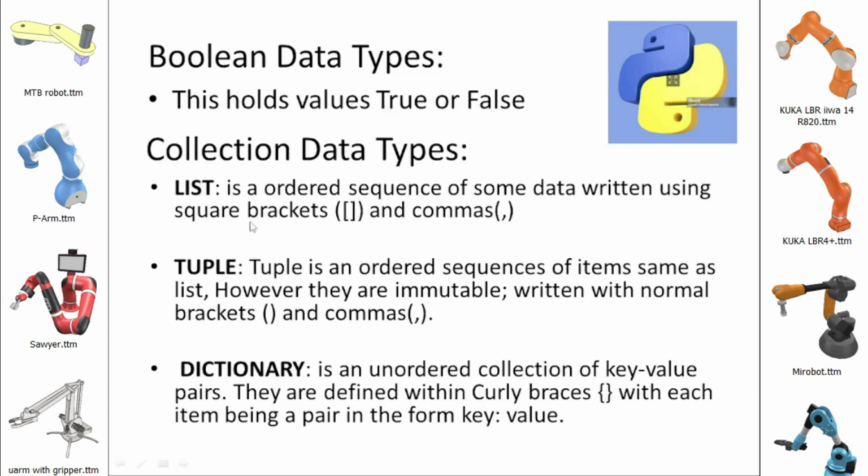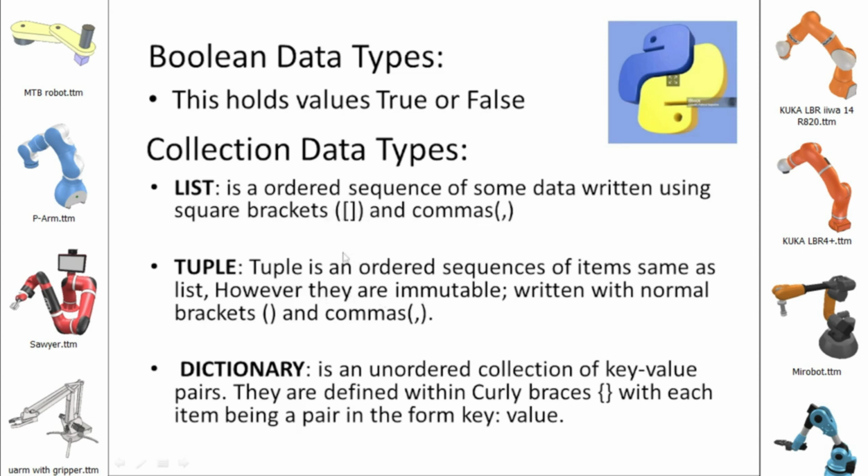So for the collections, you have the list, tuple, dictionary. A list is an ordered sequence of some data, and usually when writing a list, you use a square bracket and you delineate it with commas. And for tuples, the same. The only difference is that you can tweak the items in the list, but not so much for the tuple.